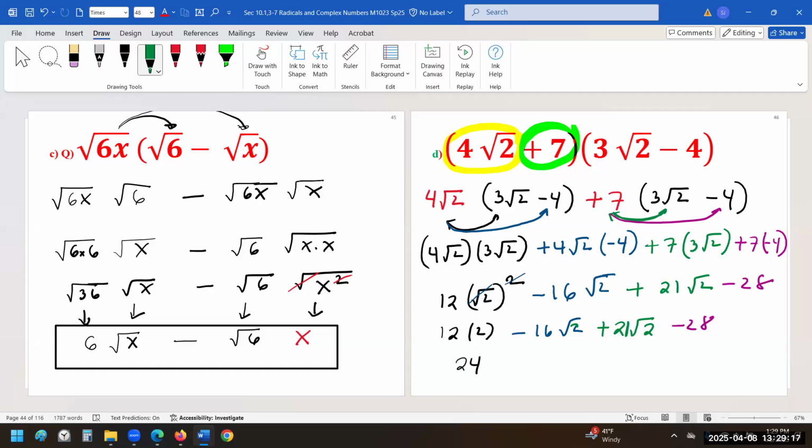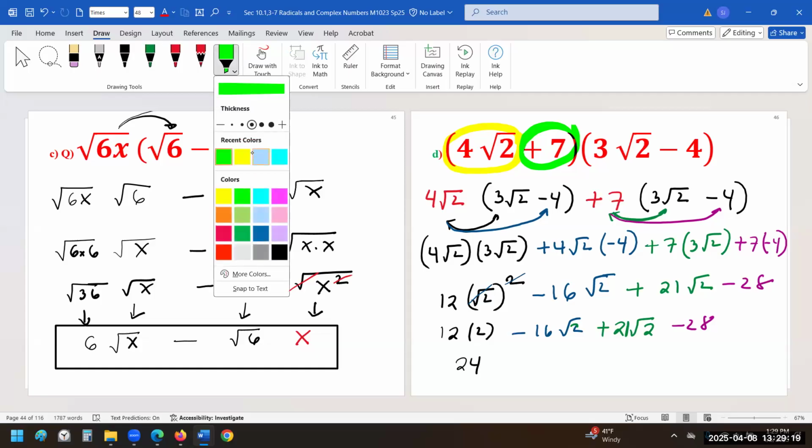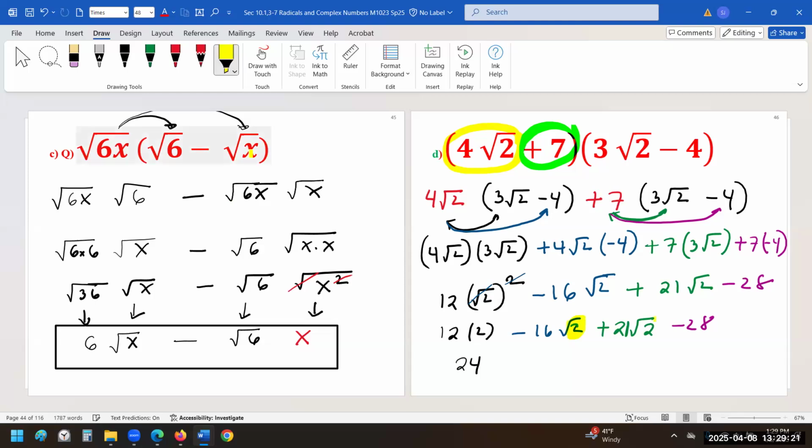Which two are like terms? 16 and 21. They have the exact same two things: square root, square root, and inside is 2. So we combine their coefficients. What is negative 16 plus 21? Positive 5 radical 2. And this 28, we have nothing to do, so we bring it down.